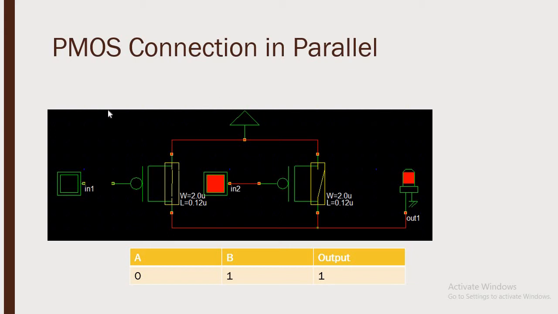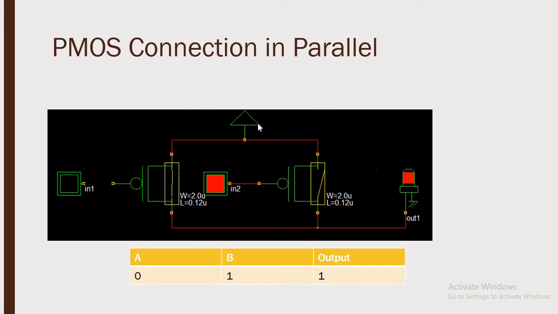Here you can see at low voltage at gate terminal, the drain and source of PMOS 1 becomes short circuited, and when we apply the high voltage at input 2 gate terminal, the drain and source of PMOS 2 becomes open circuited, because it is a low voltage device and we are providing the second PMOS a high voltage.